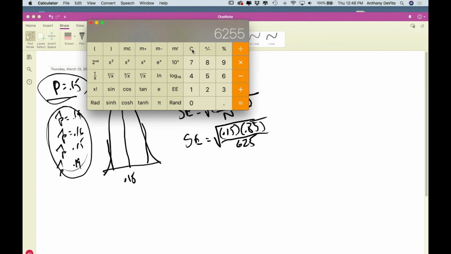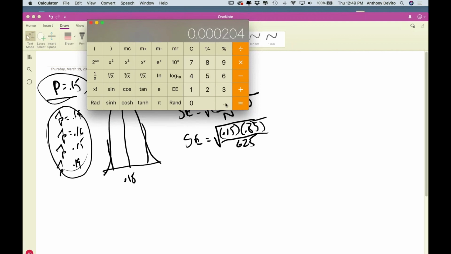Whoops. I'm going to have to start again, unfortunately. 0.15 times 0.85 divided by 625.